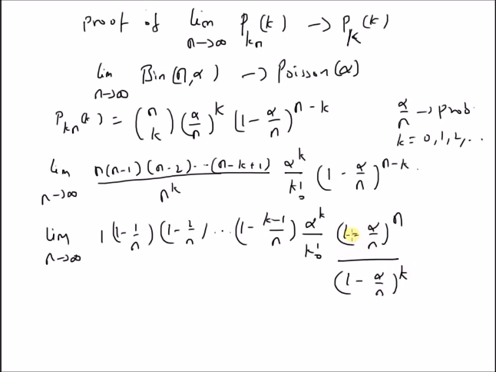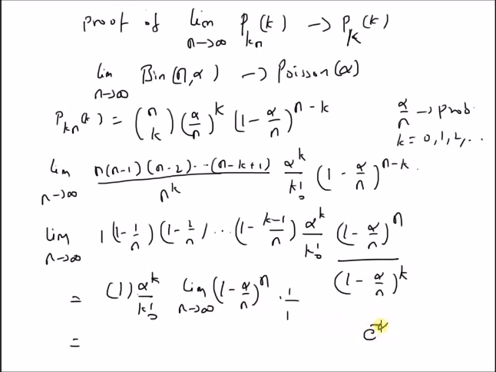And then we have the limit. Let us write that 1 times alpha to the power k by k factorial multiplied by limit n tends to infinity of 1 minus alpha by n to the power n into 1 by 1. This limit is by definition equal to e to the power minus alpha.